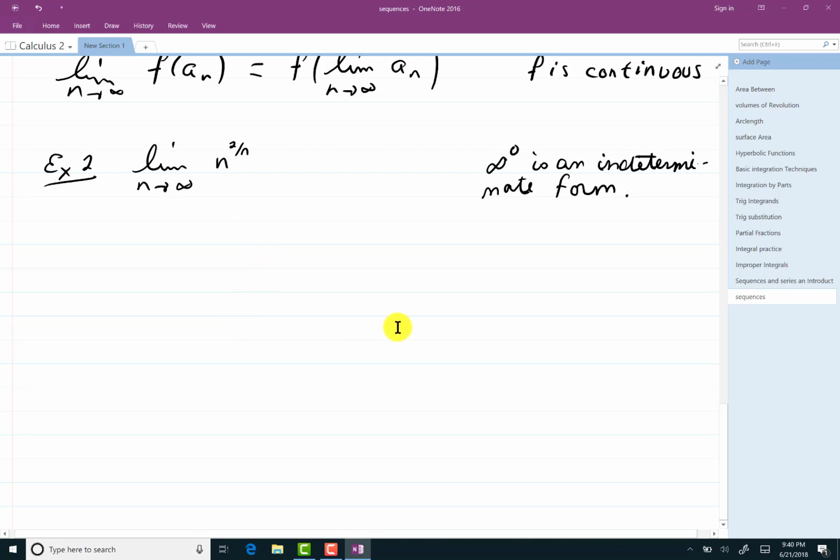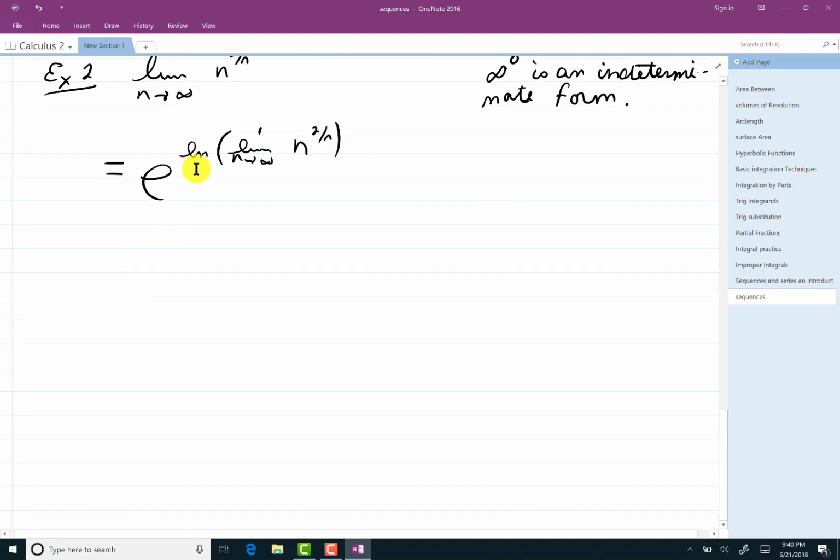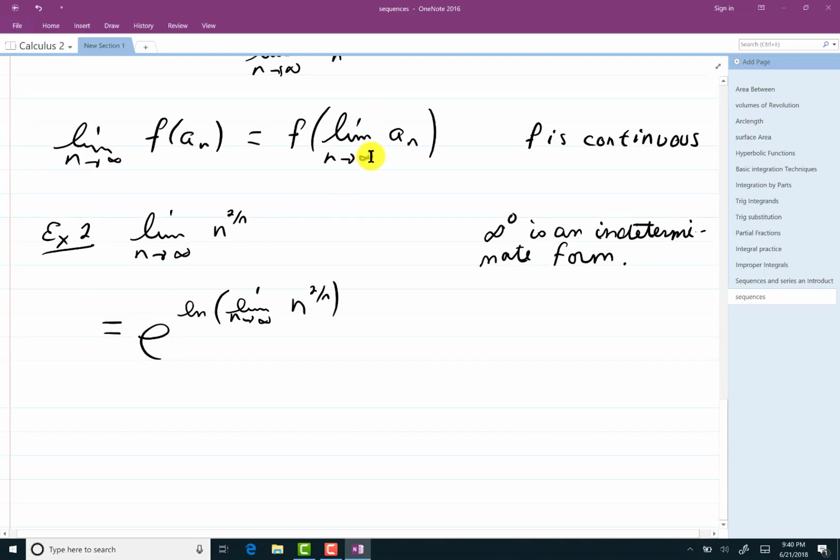So with that in mind, I can't think of any way else besides L'Hopital's rule. So if you'll remember, that means I take this limit and rewrite it as e to the ln of the limit as n goes to infinity of n to the 2 over n. And because the natural logarithm is a continuous function, I can take this limit and bring it to the outside of the ln.